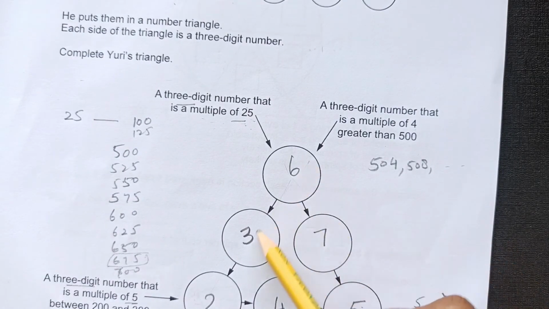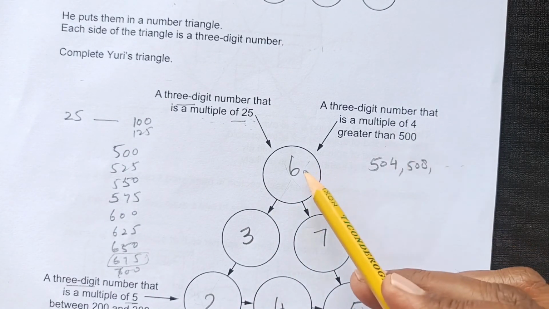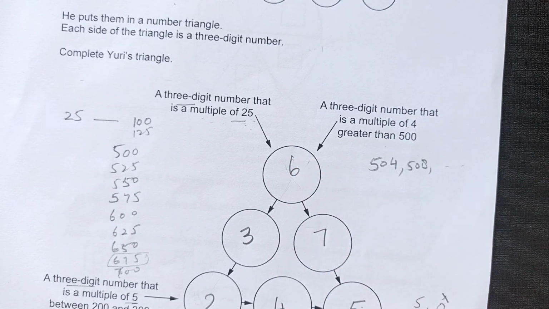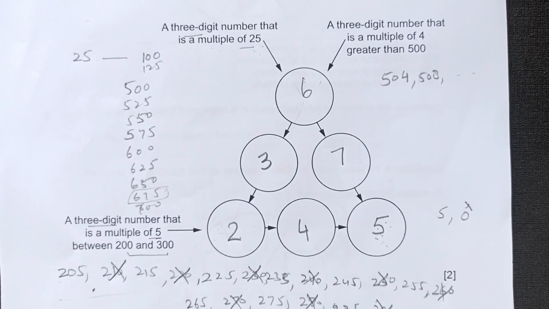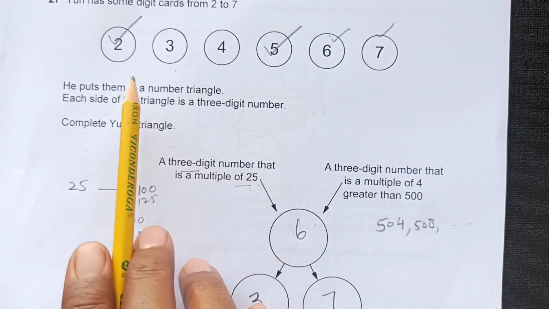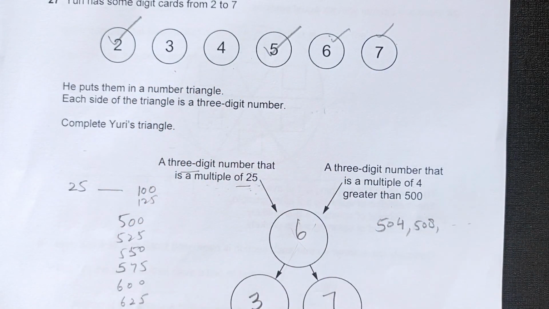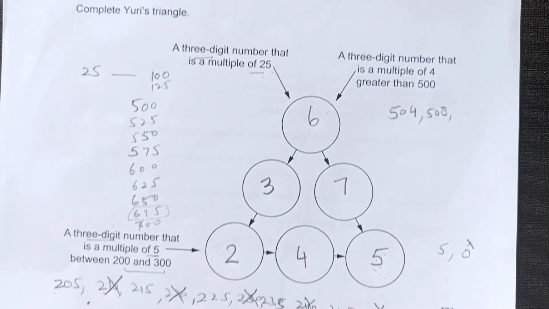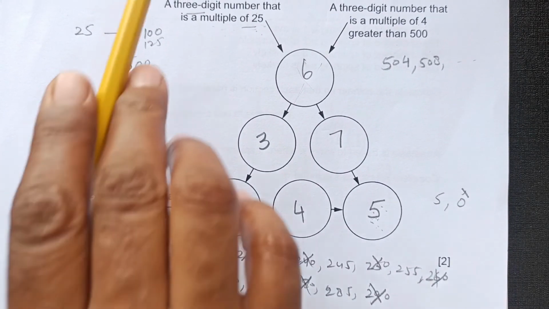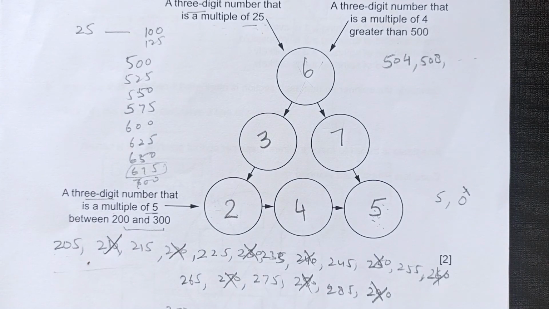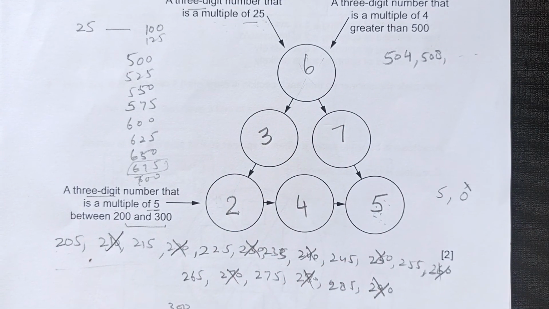Now 632 is a multiple of 4, 675 is a multiple of 25, and this is a multiple of 5. So please look at these numbers. I totally forgot about using this number, so that way you do not have to use this long method. You can just try these numbers in the circles, right?